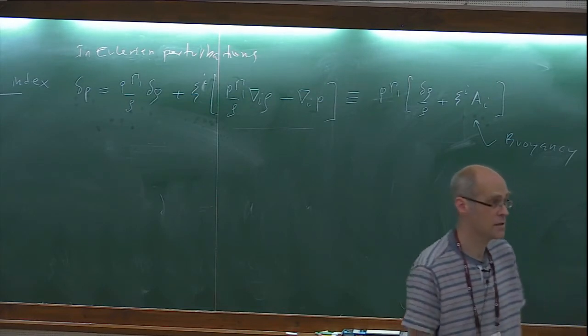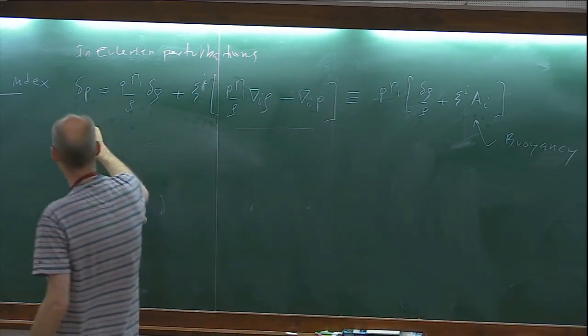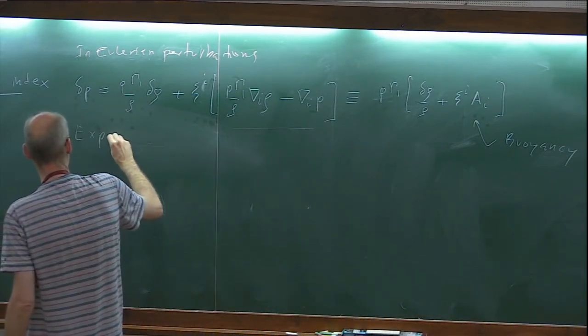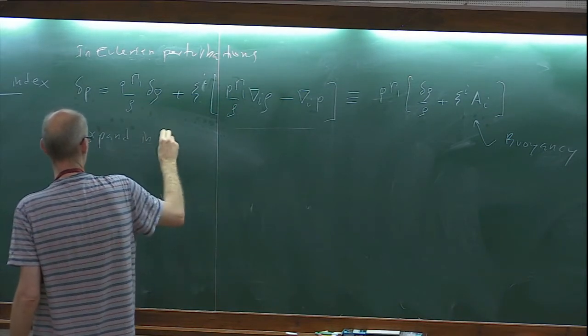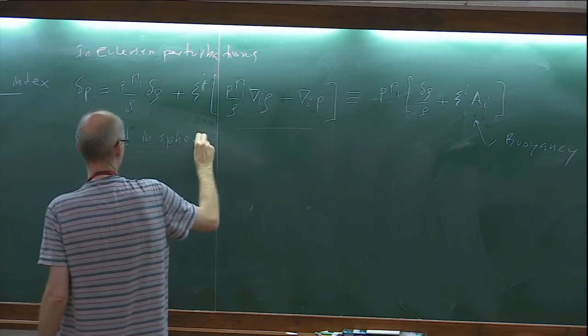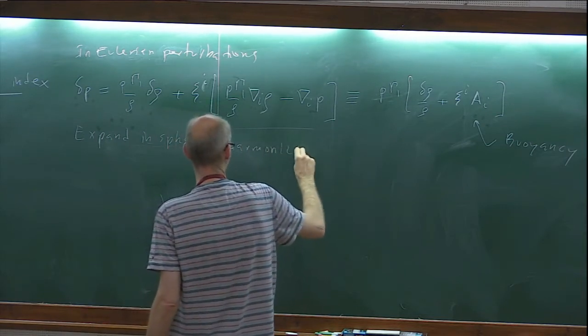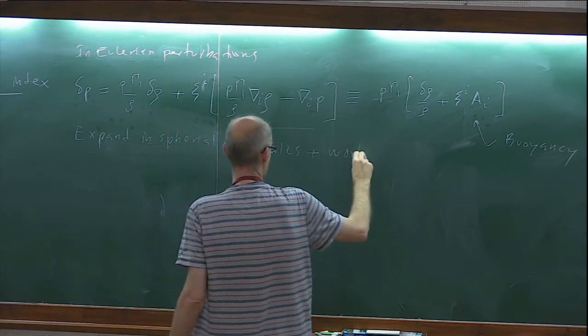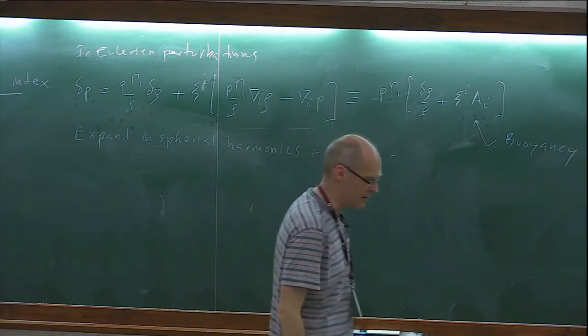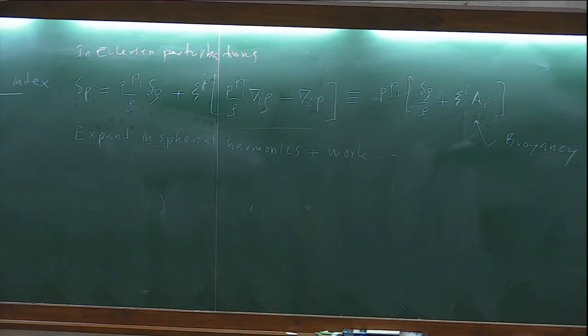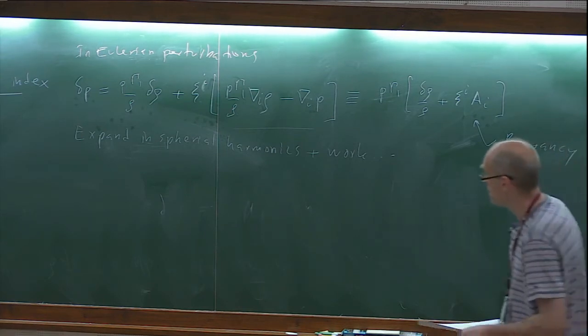Okay, so next, do the usual. So you expand in spherical harmonics and you work a bit. It's not messy, but you need to reduce this into one single thing.